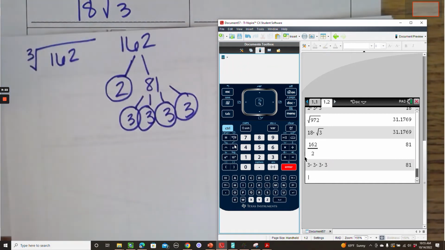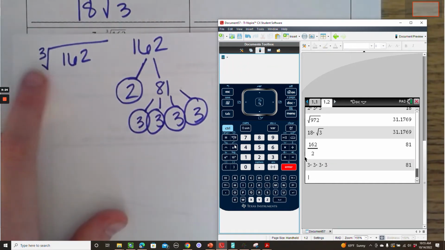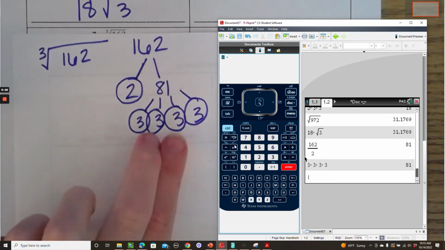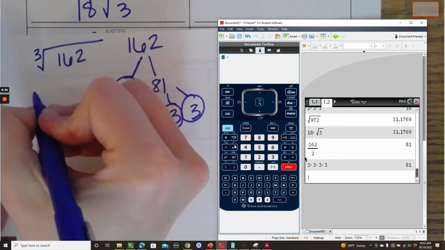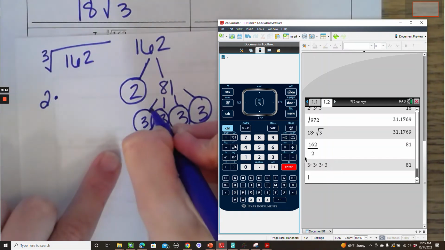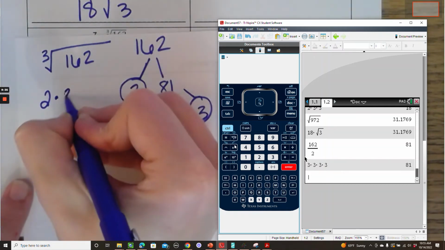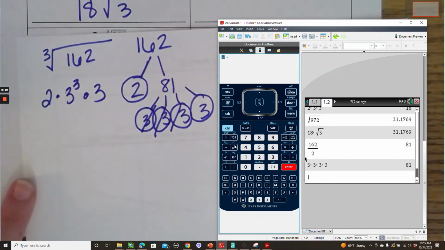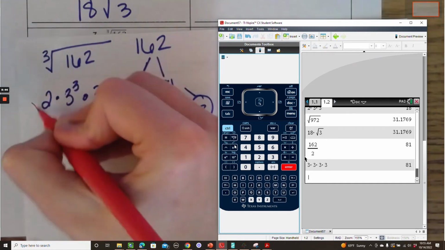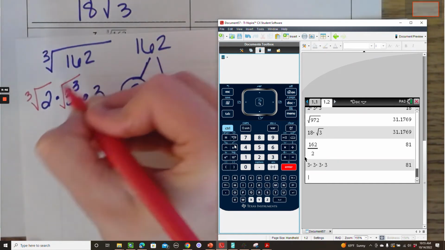Okay? So when I have a different index, that index tells me what I need groups of. I need things cubed. So I've got 2 times, here's three 3's, so 3 cubed, and then a 3 by itself. Because I have to cube root them.